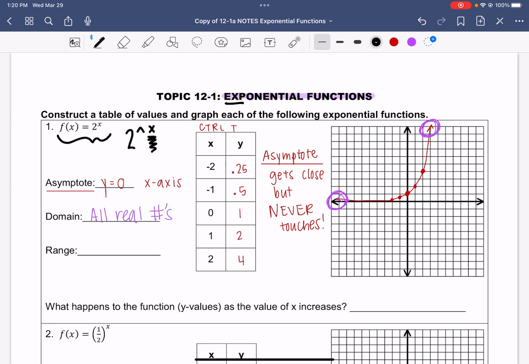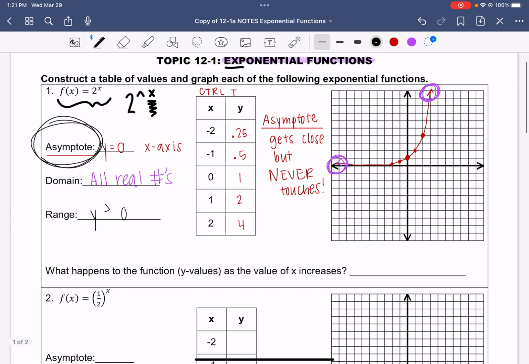So y, and it's going to be 0, but as long as our graph is above the x-axis, then our y is going to be greater than, just greater than though. Why? Because we have an asymptote. The asymptote tells me it never touches the x-axis, so it's not going to be equal to.